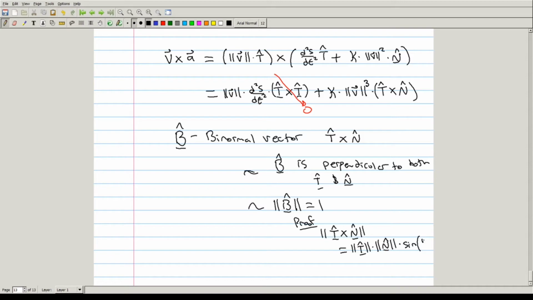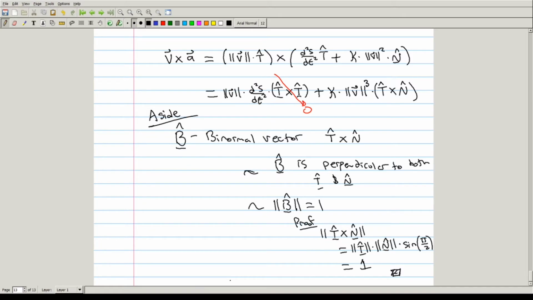And the angle between them is 90 degrees, or pi over 2. Because t hat is a unit vector, this is 1. N hat is a unit vector, so this is 1. And then sine of pi over 2 is sine of 90, or 1. So I've just proven to you that this binormal vector has a unit length of 1. This is a little bit of an aside from what we're trying to do, but trust me, we're going to get a simplified formula for curvature from this.